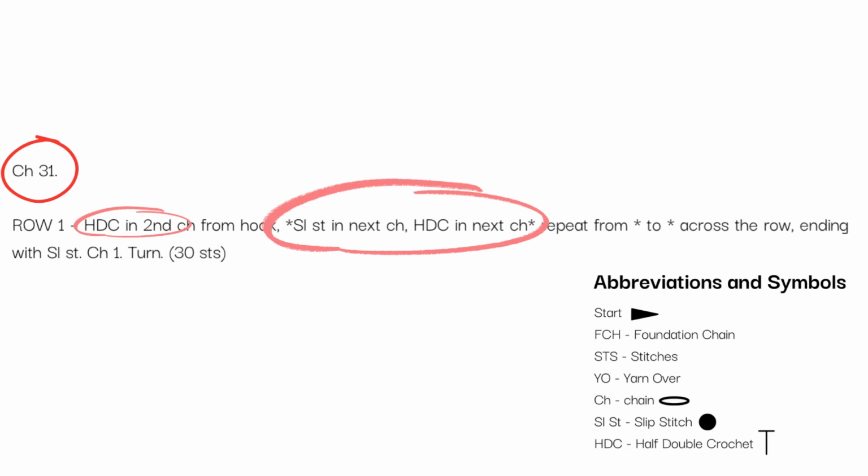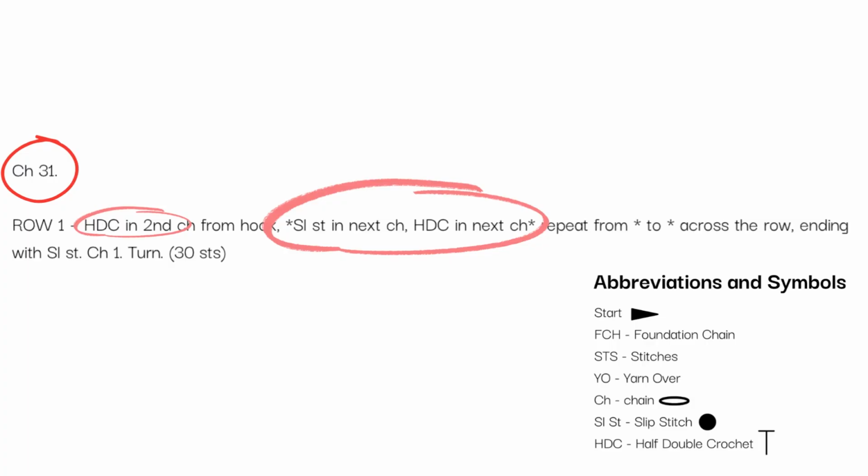In this case, because Even Moss Stitch is about the slip stitches and half double crochet, you know you have to repeat that section of the slip stitch, half double crochet, across the first row. This creates that pattern texture. So this is the first row.